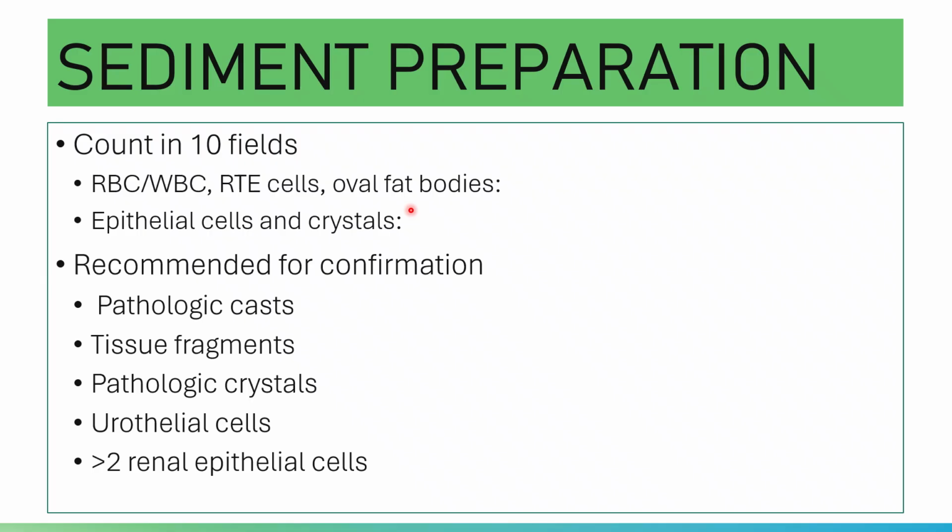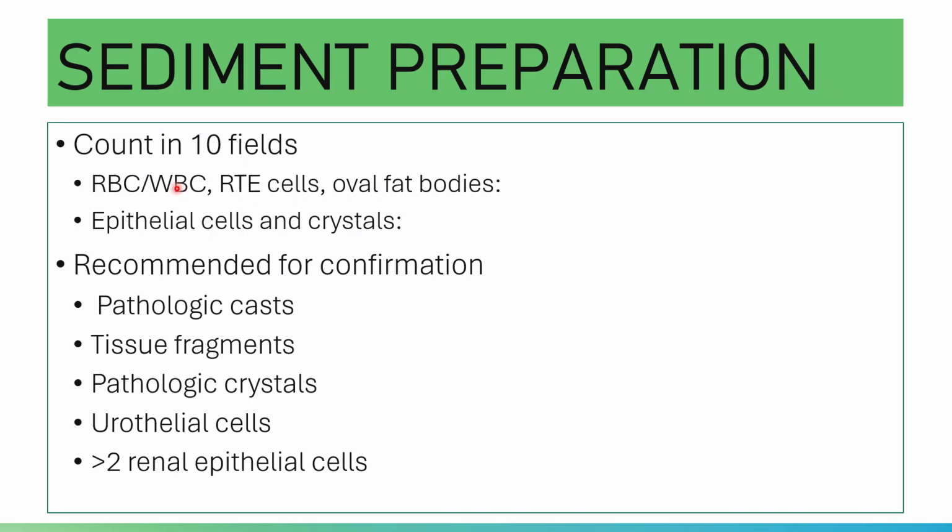Epithelial cells and crystals are reported semi-quantitatively per 10 high power fields. That is negative, rare, few, moderate, many.